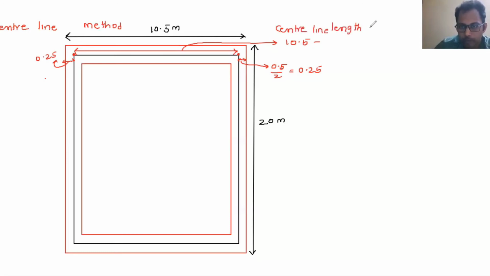So the center line length along the shorter span is equal to how much? 10.5 minus 0.5.